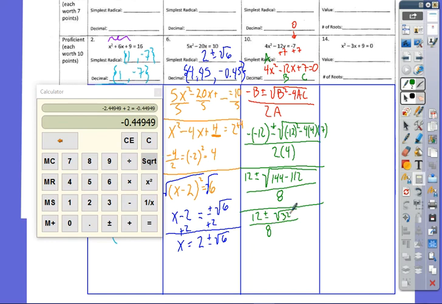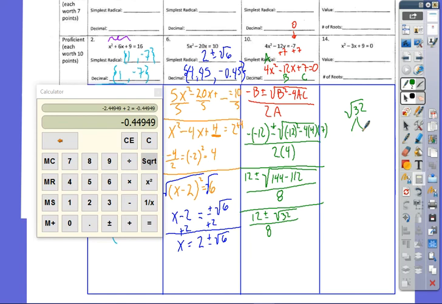Now, the square root of 32 contains a perfect square factor. What number goes into 32 that's a perfect square factor? 16.